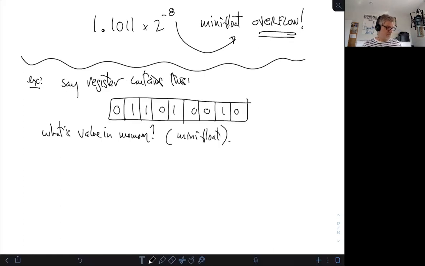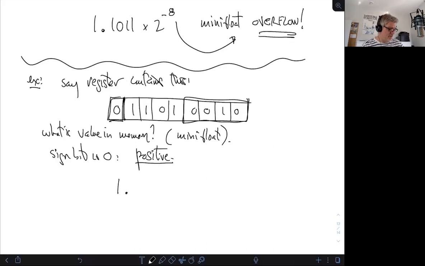This is mini float. First I read the sign bit. It is 0, so I have a positive number. I look at the last 4 bits. This is my mantissa. So I know I have 1.0010, and I have to figure out my exponent.